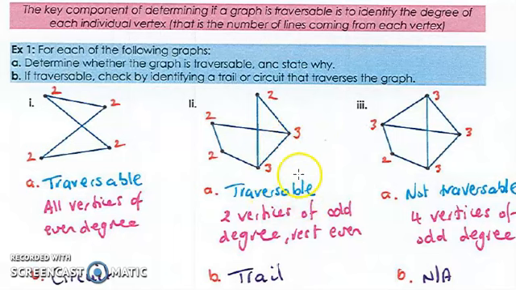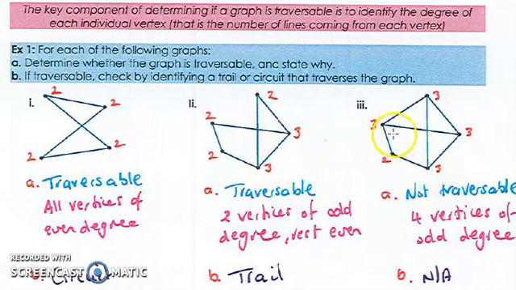In this case, your reasoning behind it is 2 vertices of odd degree, the rest are even. This is why it's traversable. And here we've created a trail. So we can start here, and we've created a trail.